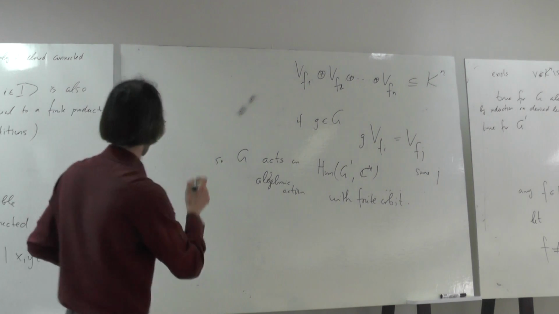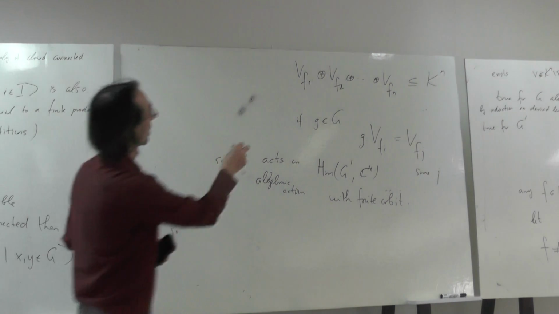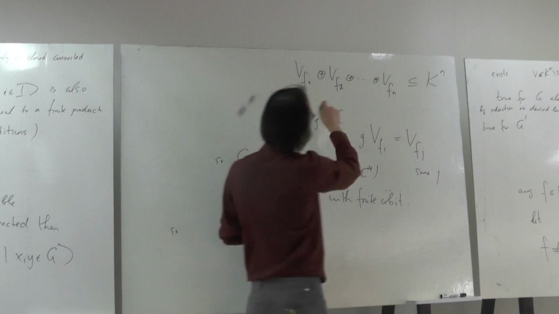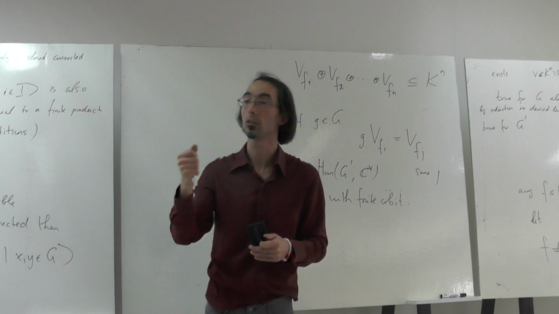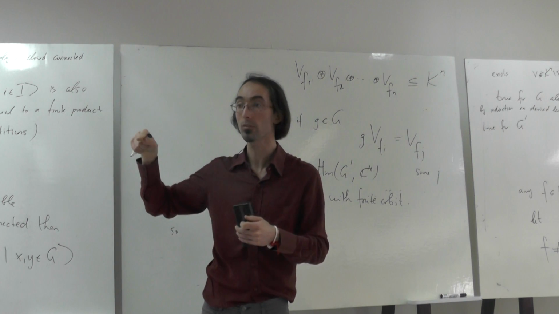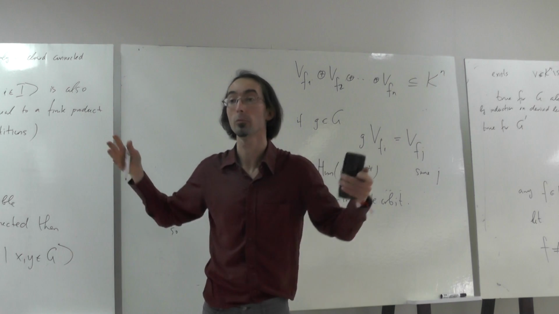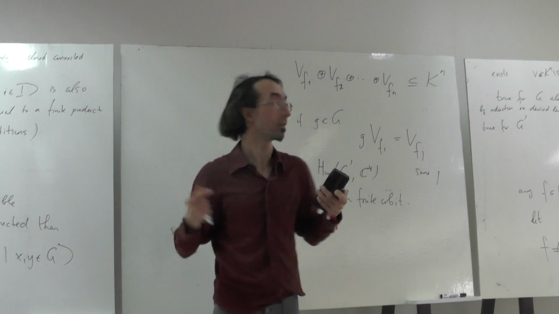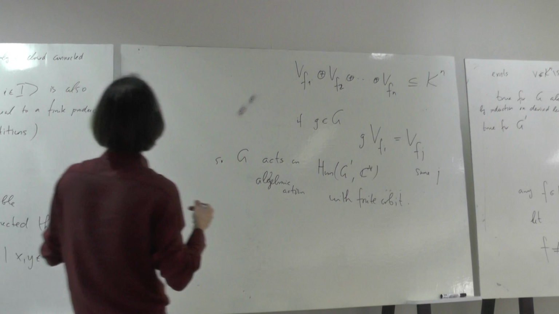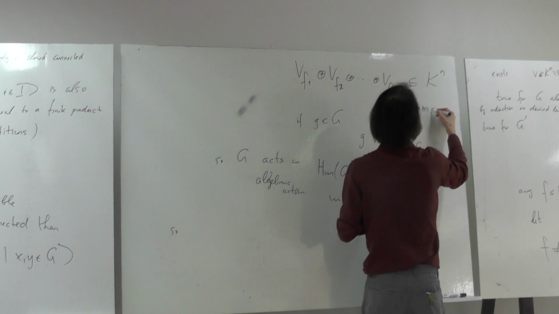Right. So therefore it fixes some. Why is it a finite orbit? Because if you take the sum of several different eigenspaces, they generate the direct sum. So there can be at most n of them. In fact, it's m, which is less.